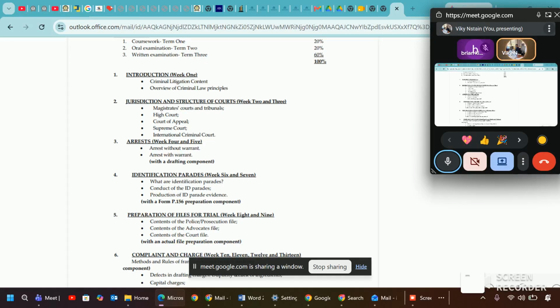So an examiner can say that the IO was present but another officer conducted the parade. A student can rush to say that that ID parade is wrong. You will have failed because the IO can be present.